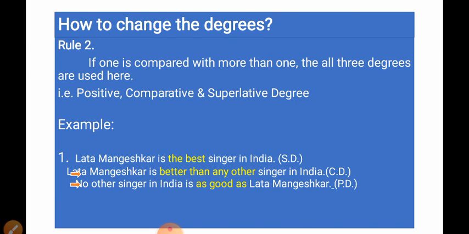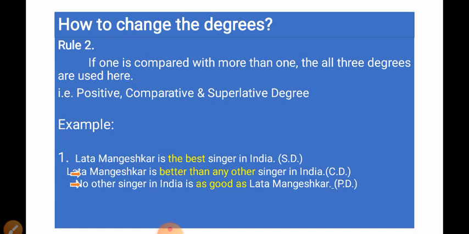In the last class, degree of comparison part 1, we learned about rule number 1, where one is compared with other. So, when one is compared with other, we make positive degree into comparative and comparative into positive.